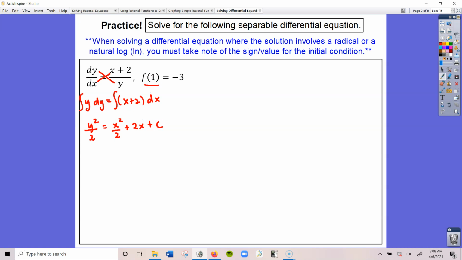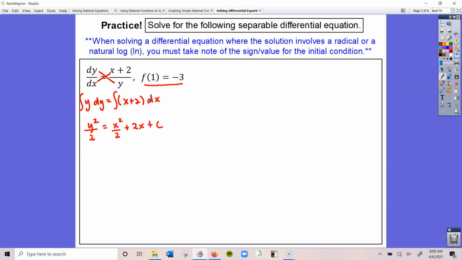I'm going to plug in my initial condition to solve for c. And I do this now because it makes it easier in the long run. If you try to solve for c later after you solve for y, you're going to have square roots, and it can be a little bit more difficult to figure out if c is positive or negative. So it's just easier to do it now.